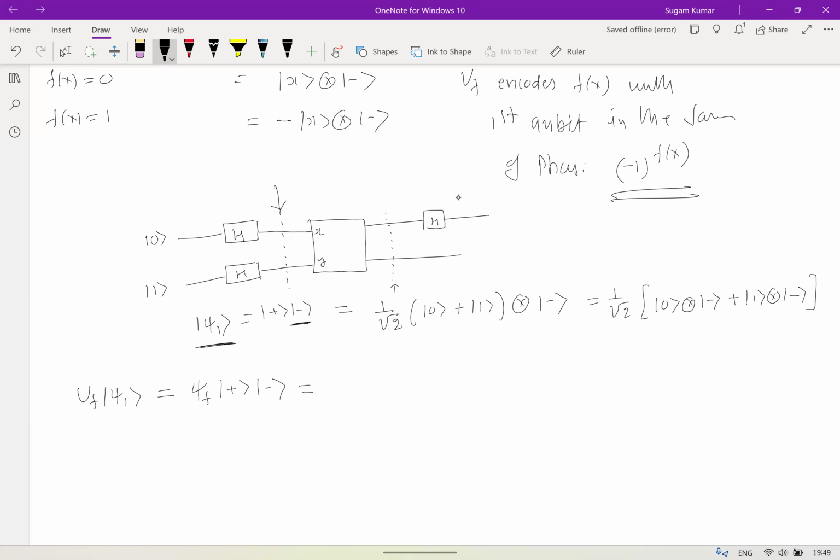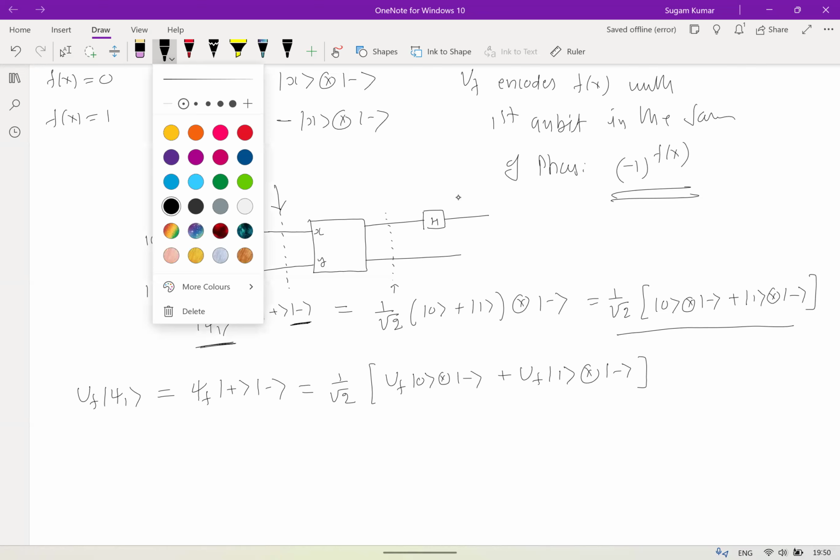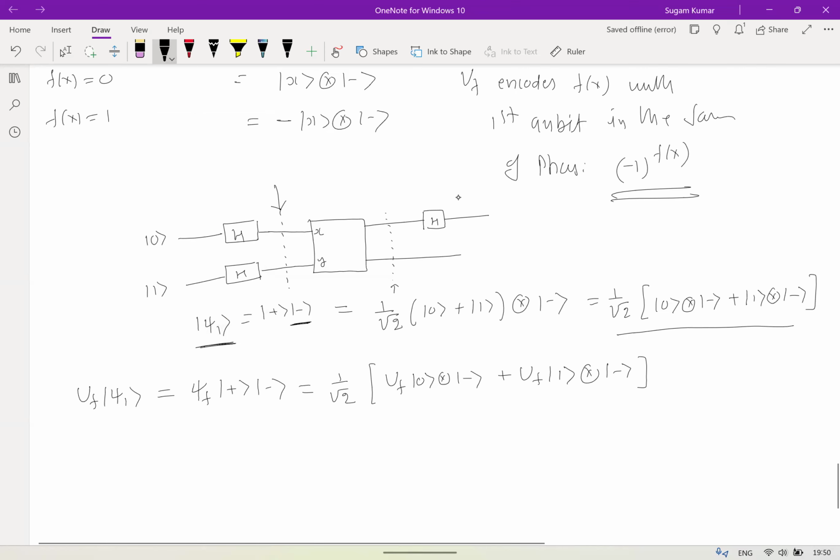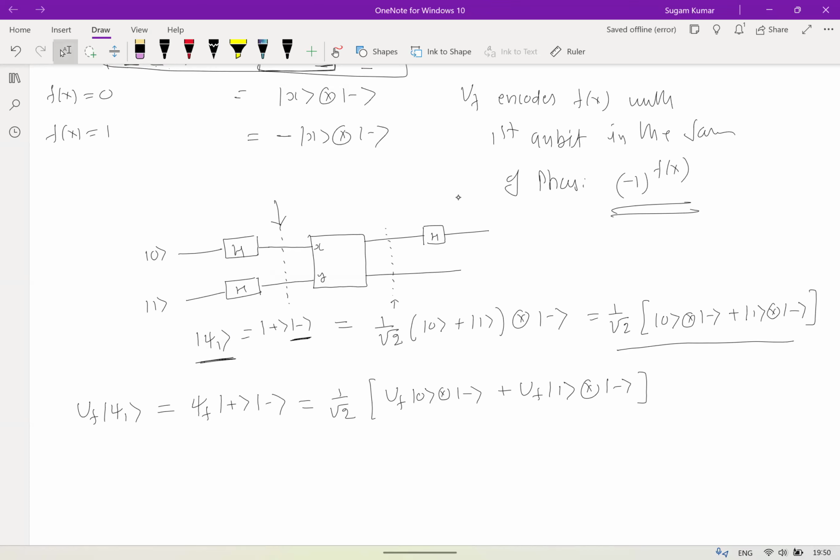In principle, it is applying on these states, meaning I will take 1 by root 2 out, and take this UF inside, and inside this is acting on the 0 tensor product minus, and then it will act on this state, that is 1 tensor product minus.